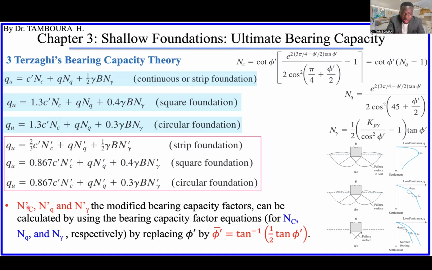These NC prime, NQ prime, N gamma prime are modified bearing capacity factors that can be calculated using this one. The friction angle phi is this time replaced by this one, the inverse tangent.